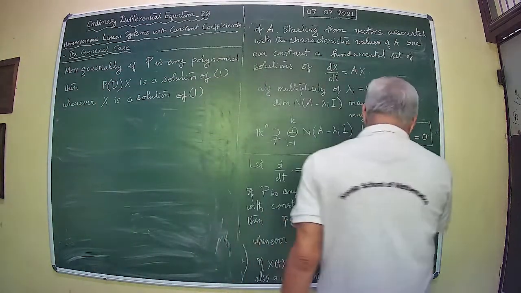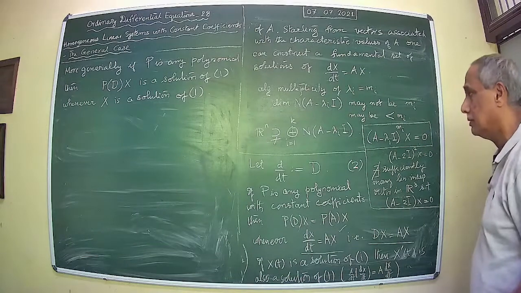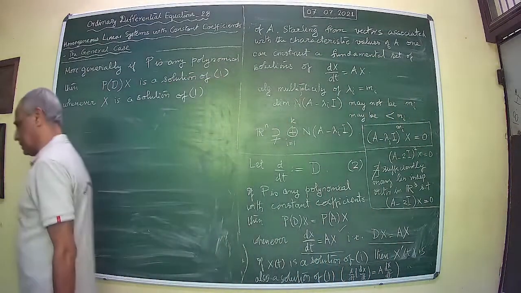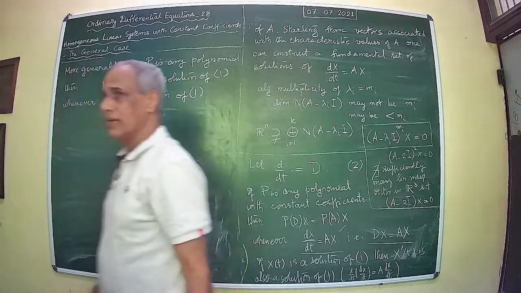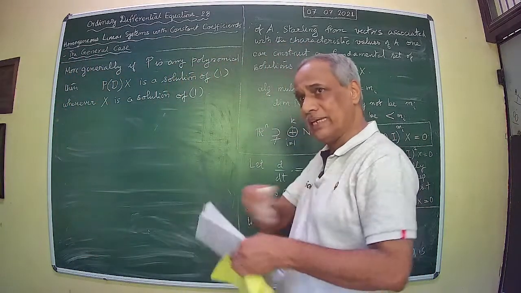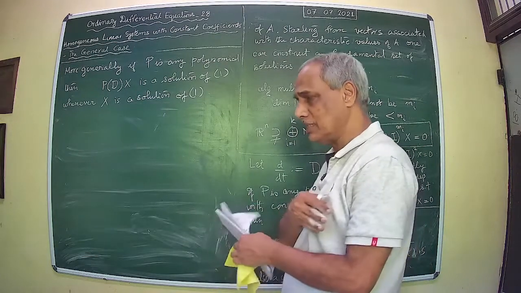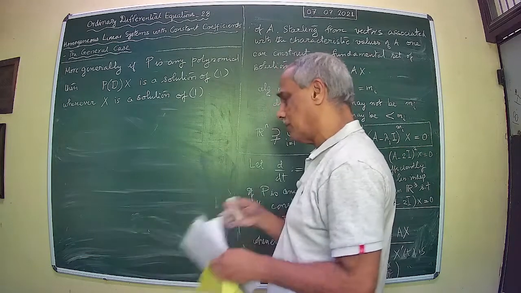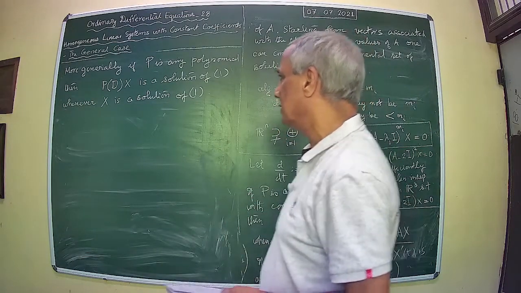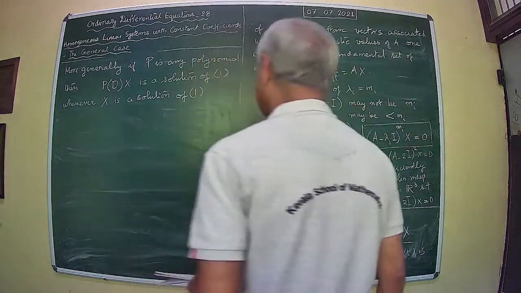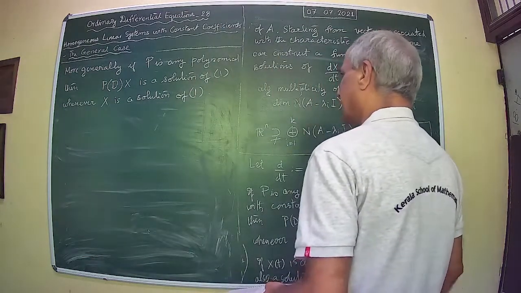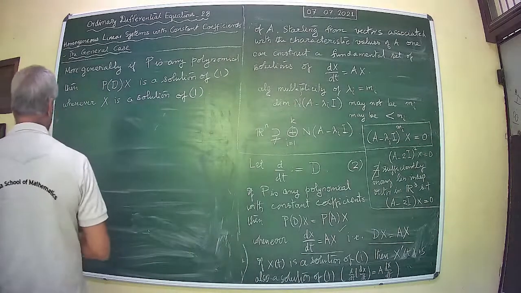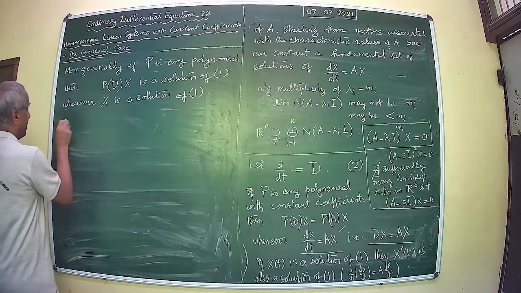So this shows that Dx is a solution of 1. Therefore, D squared x is a solution of 1. D to the power k x is a solution of 1 for any k, and then you take the linear combination because the problem is homogeneous linear. You see that P(D)x is a linear combination of powers of D acting over x. Therefore, that's also a solution of 1. That's quite easy to see. Now, this is an observation that we make, which we are going to make use of. So, we have the following theorem.